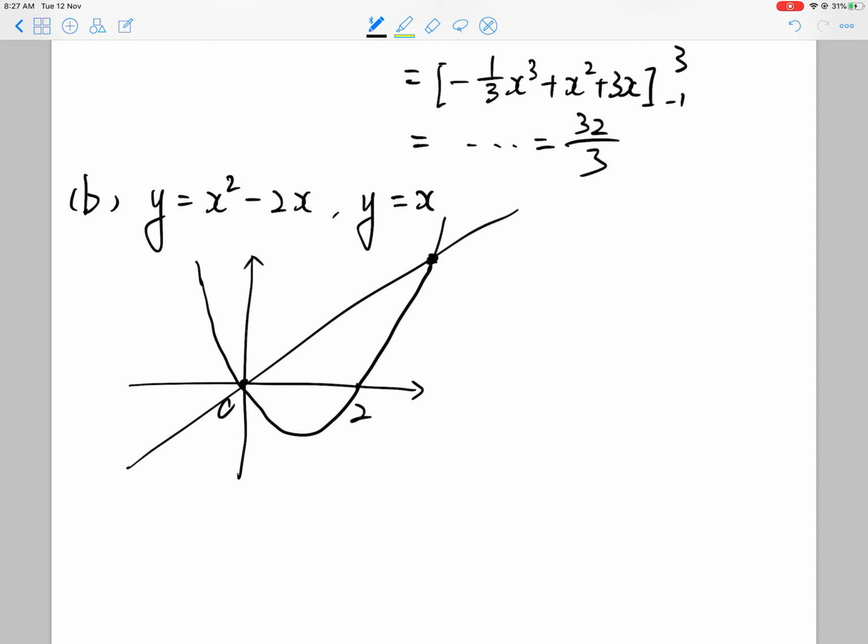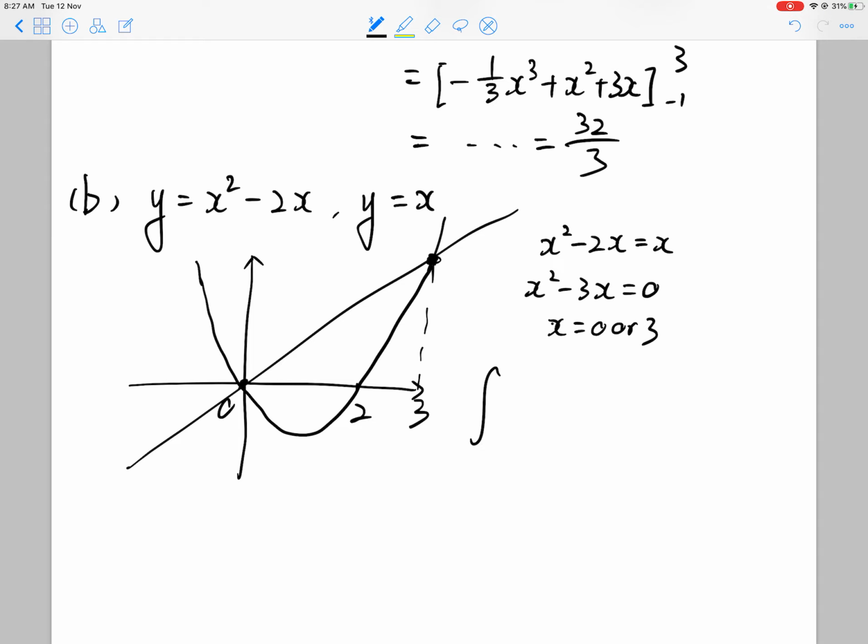First you have to figure out what these points are, so you equate those two equations, which means x is 0 or 3. So this point is 3, this point is 0.